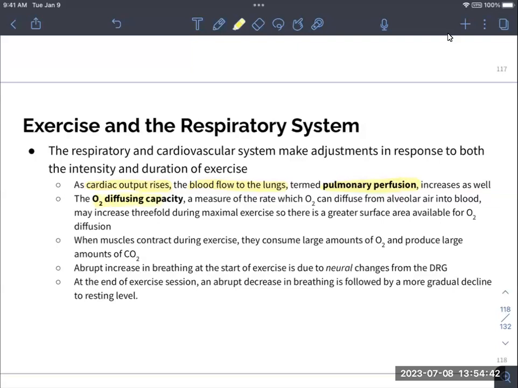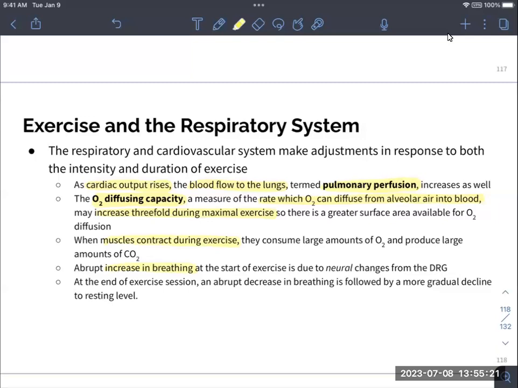The oxygen diffusing capacity, or the rate at which oxygen can diffuse from the alveolar air into the blood, can increase during maximal exercise, with a greater surface area available for oxygen diffusion. So when muscles contract during exercise, they use a lot of oxygen and produce a lot of carbon dioxide. So it causes this increase in breathing rate.